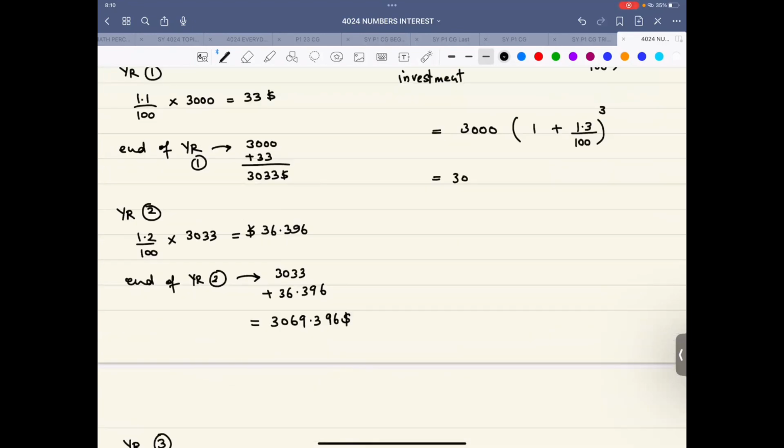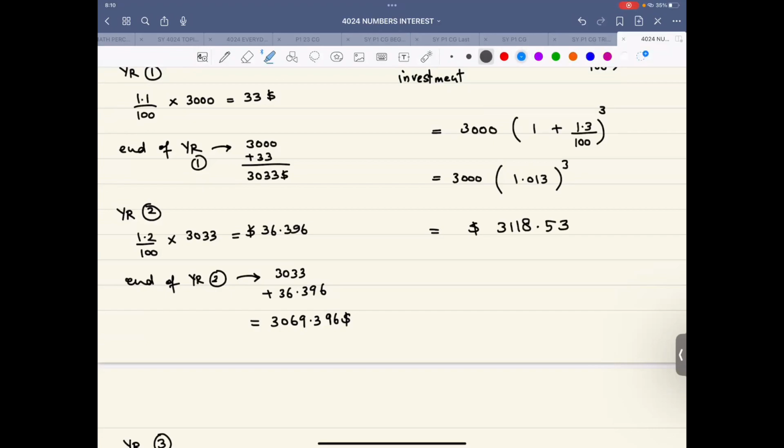So 3,000 is over here. Let me add this value, which is 1.3 divided by 100. Add 1 to it. This is 1.013 raised to the power of 3. So multiplying with itself 3 times and then multiplying with $3,000, this comes out to be $3,118.53.